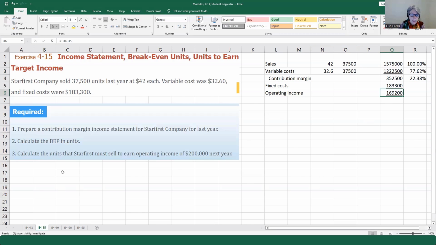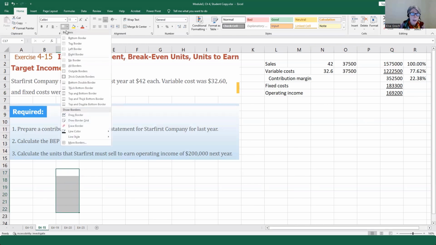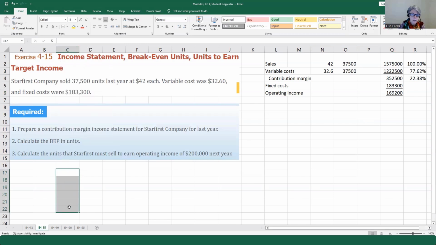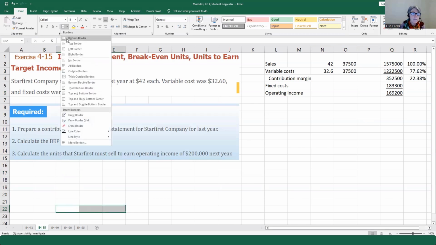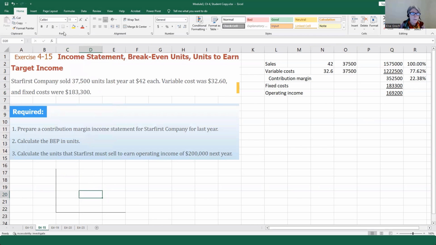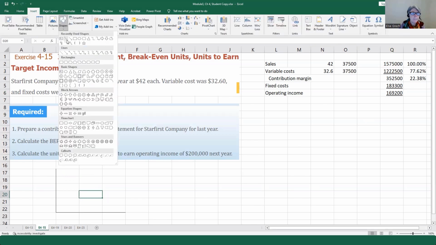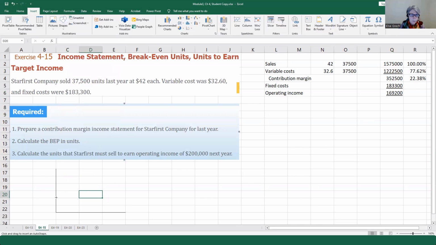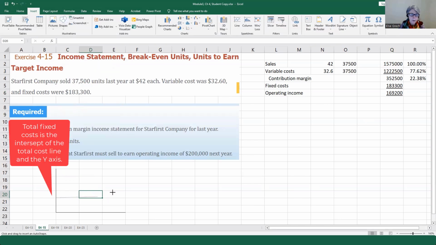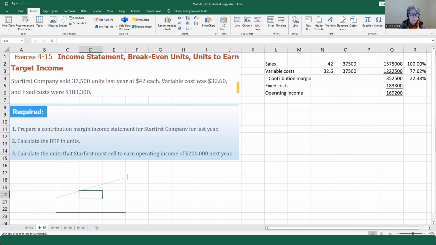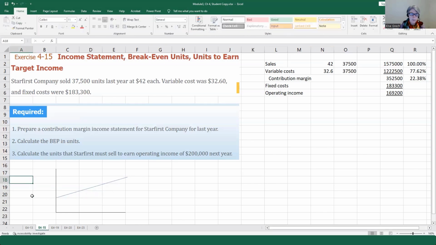So if we're looking at a CVP graph, okay, I'm just going to quickly draw a graph here. Okay, so now I'm going to insert a line. So we've got fixed costs are right here. This is, let's say, don't forget, I'm just drawing this.